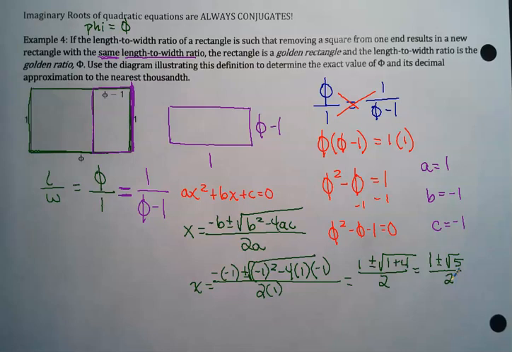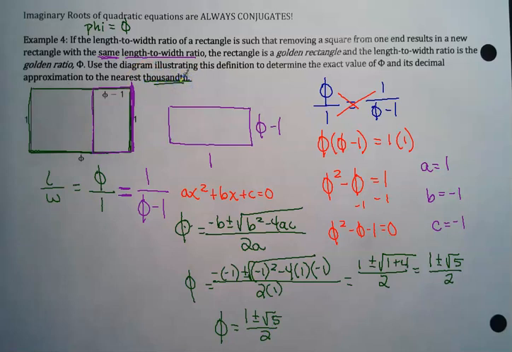Pardon me, in this case, this would not be x though, would it? This would be phi. This is what our phi equals. Okay, so phi is equal to 1 plus or minus the square root of 5 divided by 2. And then we want the decimal approximations to the nearest thousandth this time.